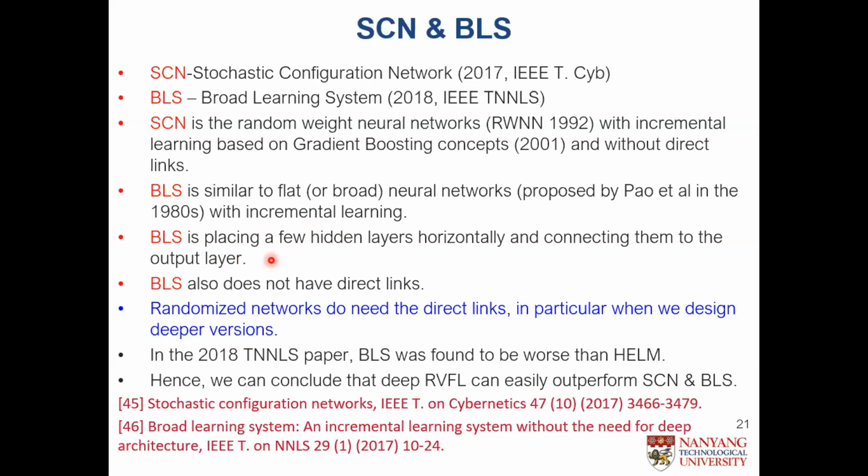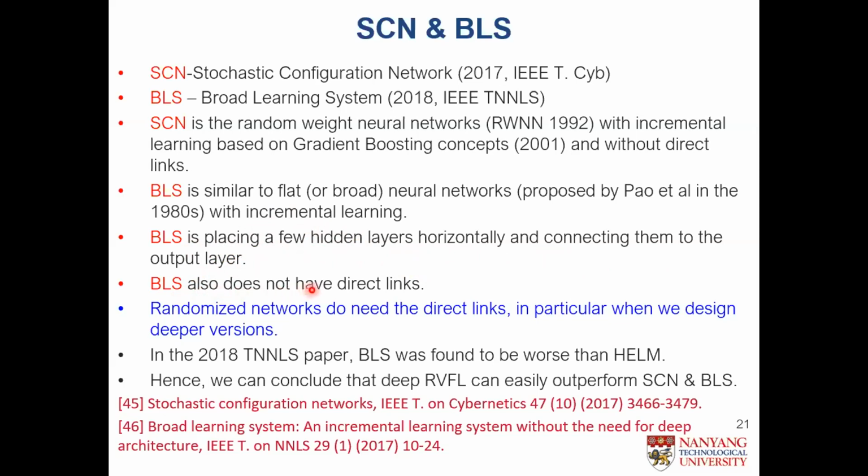Also, if you look at the broad learning picture, you will see it has about 2 or 3 hidden layers. But the difference is the hidden layers are placed horizontally. So it looks flat or broad, and all hidden layers are connected to the output layer. So BLS is placing 2 or 3 hidden layers horizontally and connecting them to the output layer.